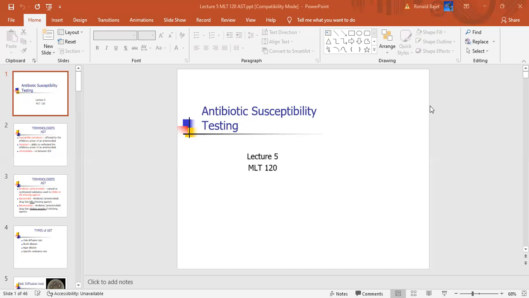So the trough level is the level of antibiotics 30 minutes before the dose is given. And then the peak level is 30 minutes after the dose is given.